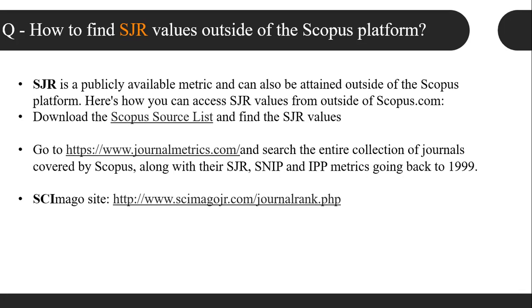SJR, the Scimago Journal Rank, is an indicator developed using an algorithm widely known as Google PageRank. It is highly visible, and it covers the many journals contained in the Scopus database since 1996.